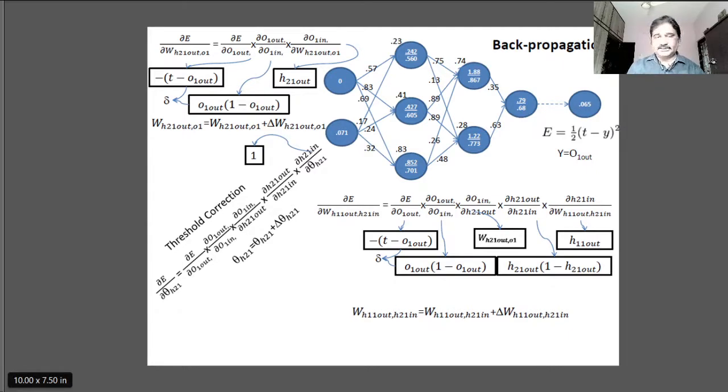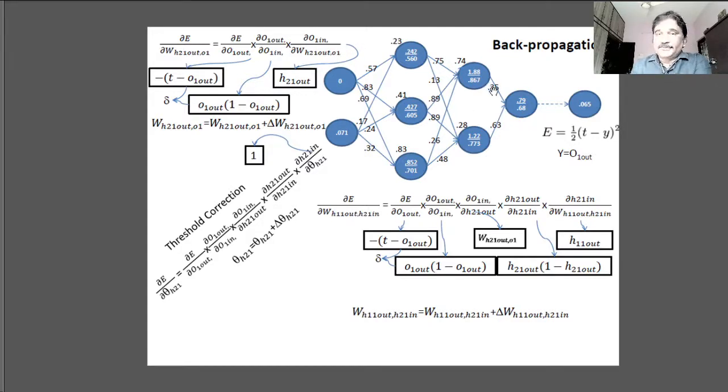That's clear, I think. Okay, H21 out to O1 in. You may call it O1 in. Yes, it is O1 in. If you find O1 in this expression, you take it as O1 in, right?